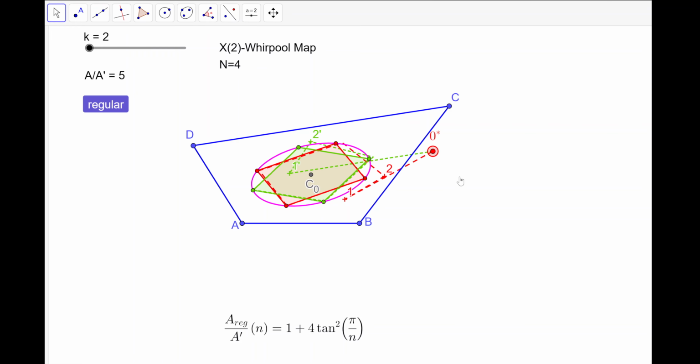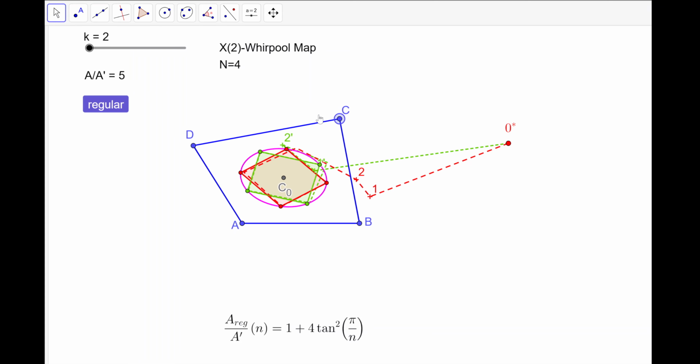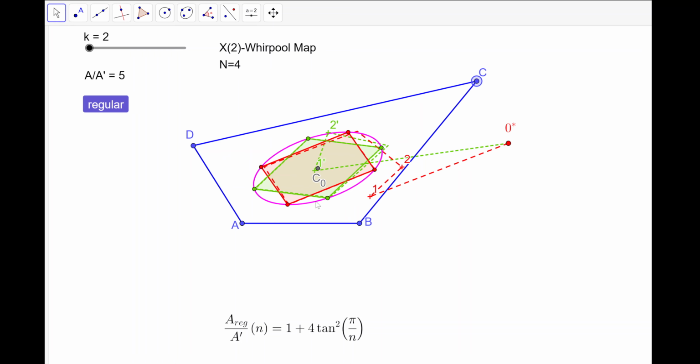And not only is this quite surprising, that they are parallelograms regardless of the shape of ABCD, their vertices lie on an ellipse, this pink ellipse here, but also the area ratio between the area of ABCD, the outer quadrilateral in this case, and the two inner ones is this magical number 5.